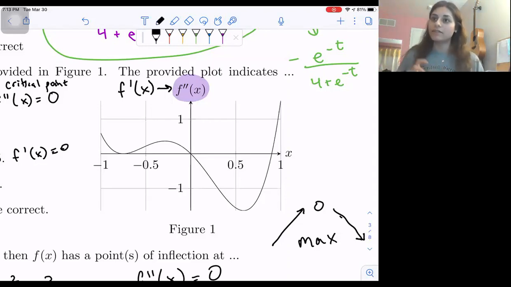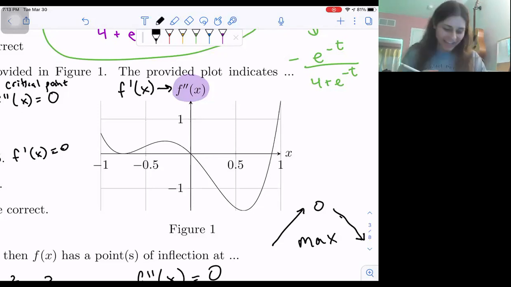When that derivative equals 0, that tells us our original function had critical points, and here we're thinking of f prime x as our original function. So wherever f double prime x equals 0, we have critical points there. That's where we have minimums and maximums for the graph of the first derivative.